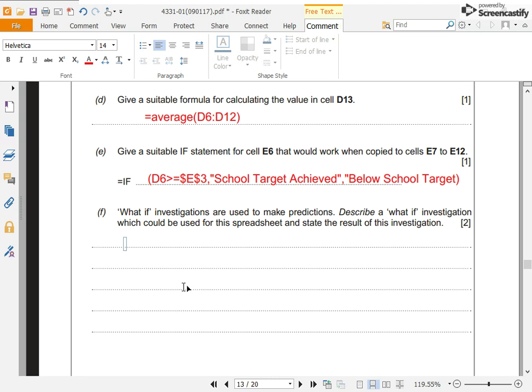So you've got to give a scenario, what would be the results. Okay, so have a little think about that, have a little go.